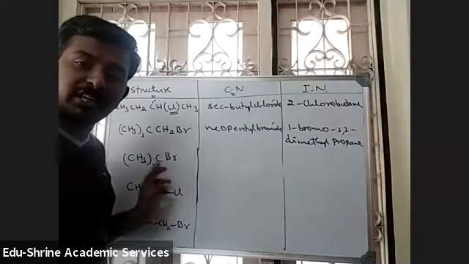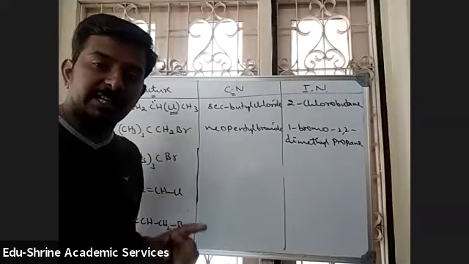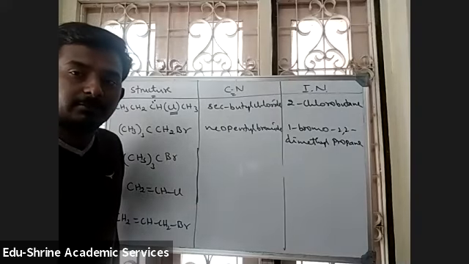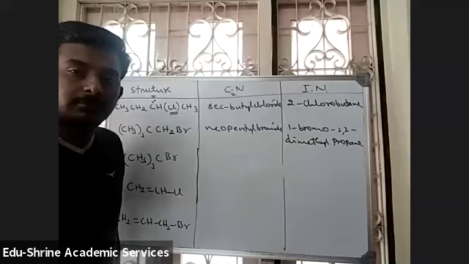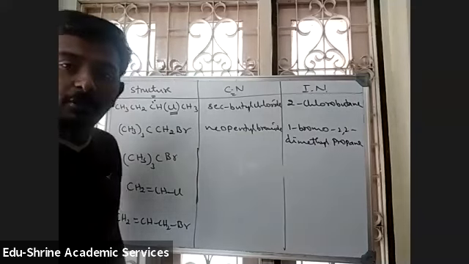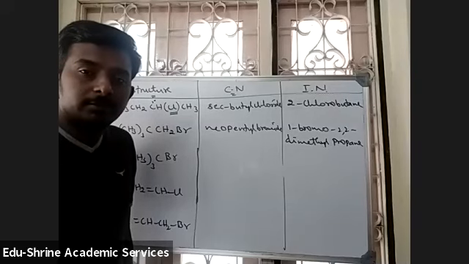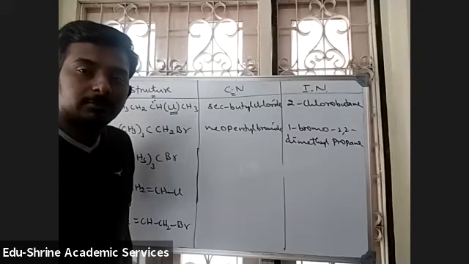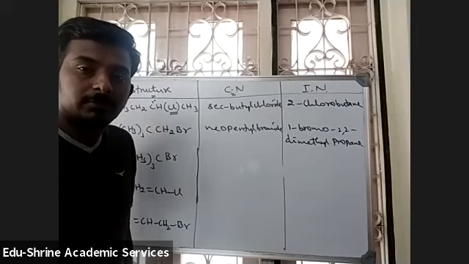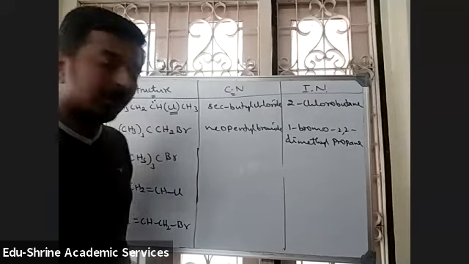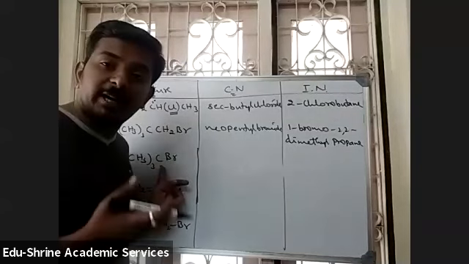Bromine is attached to which carbon atom? Primary carbon atom or secondary or tertiary? Tertiary, no. Then what type of bromide it will be? If halogen is attached to tertiary carbon atom, it will be tertiary, no.